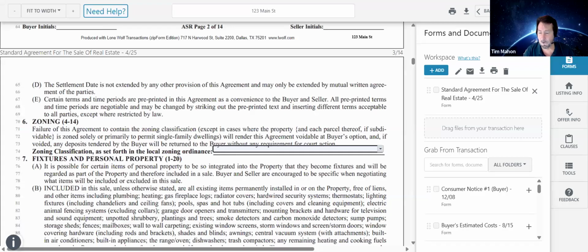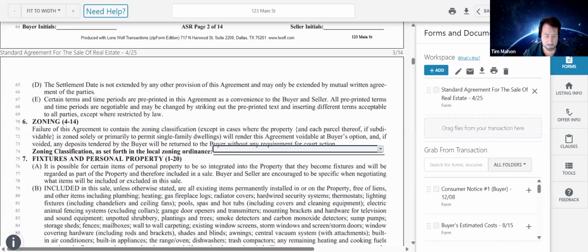So a common one would be R-1 residential. It means rural residential. Some of them may say MDR, medium density residential, or HDR, high density residential. Those are common in the city. Okay, whatever is on there is what you put on here. It's that simple.